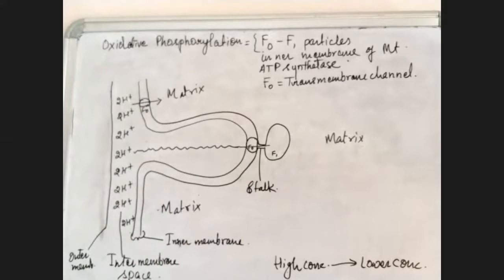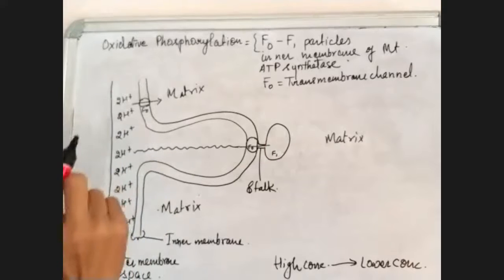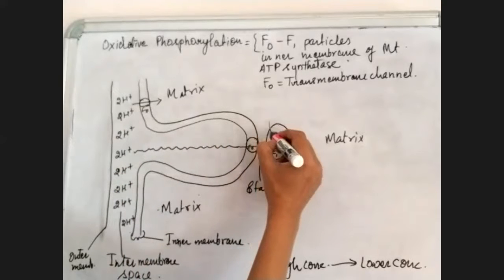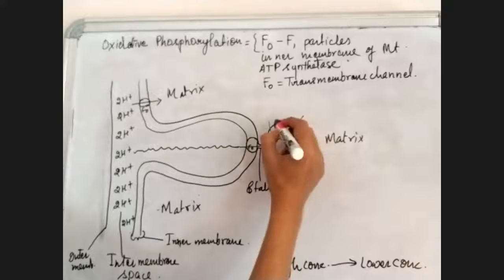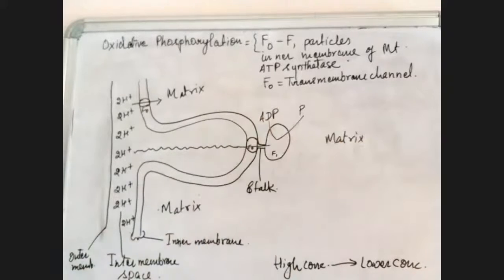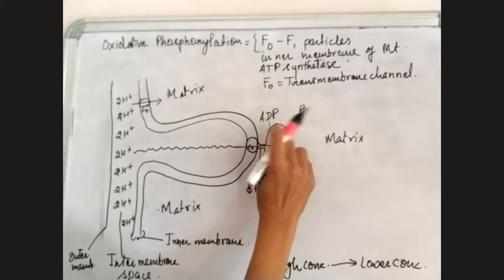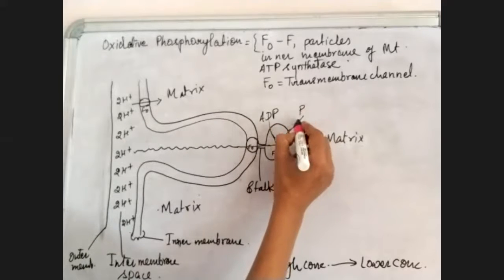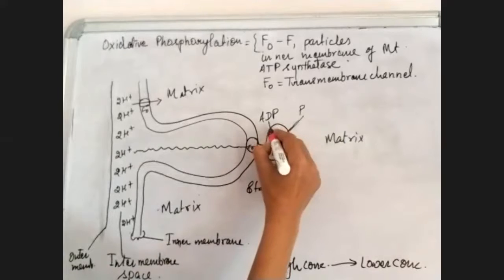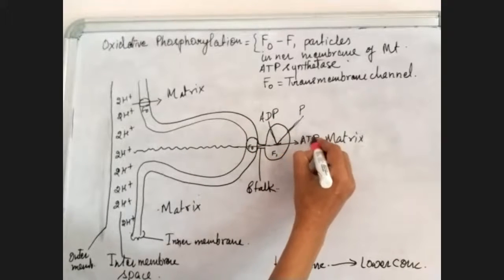When it moves, a lot of energy is released, and this energy combines adenosine diphosphate with phosphate, and ATP is formed.